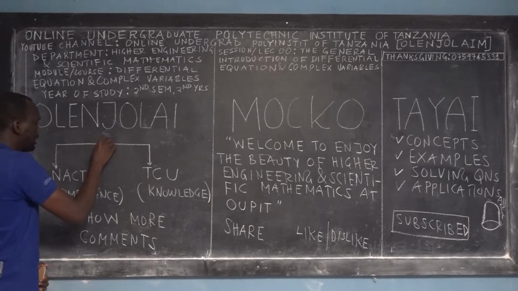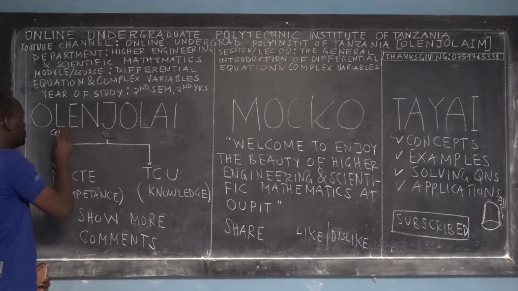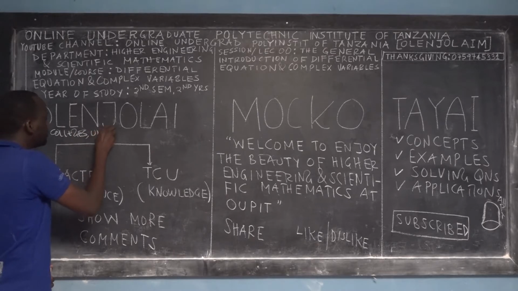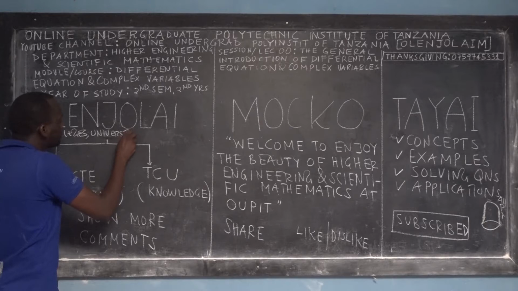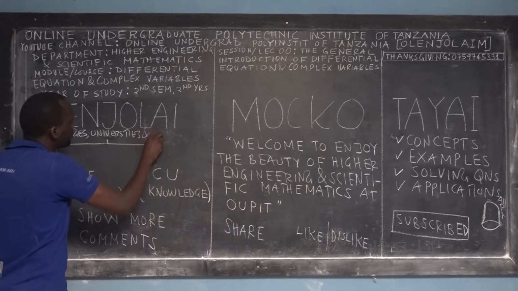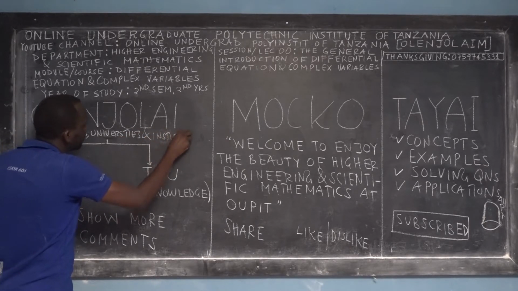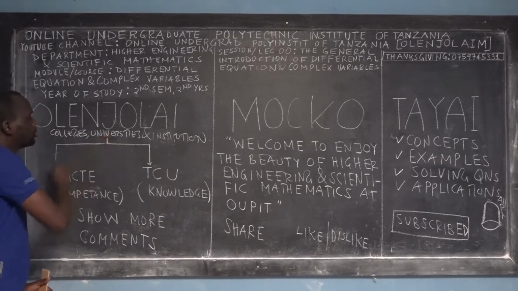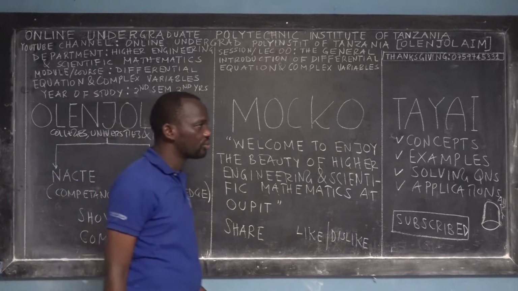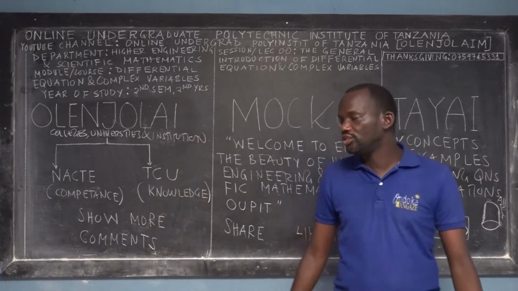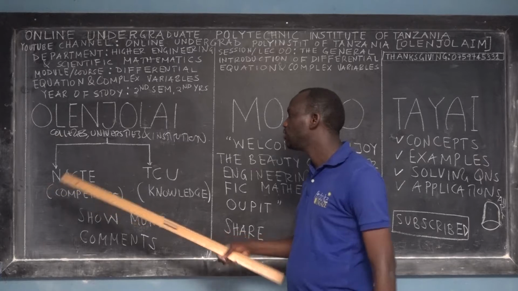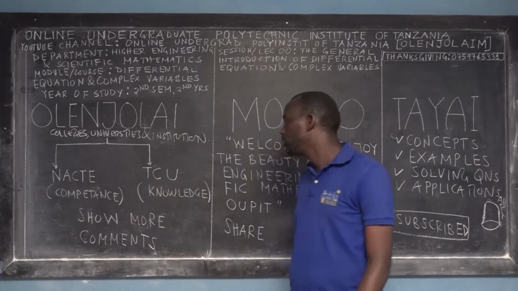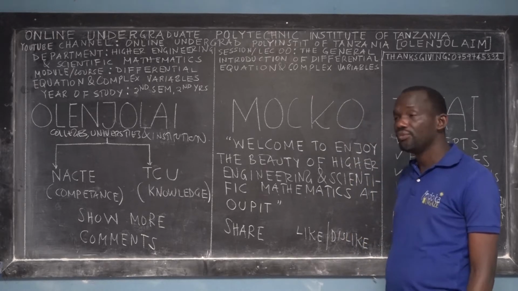So the way that we can categorize colleges, universities, and institutions in Tanzania or in the African continent, well, with these classifications, we have two routes, or two branches. We have NACTE, the National Council for Technical Education, and also we have TCU, which is the Tanzania Commission for Universities.